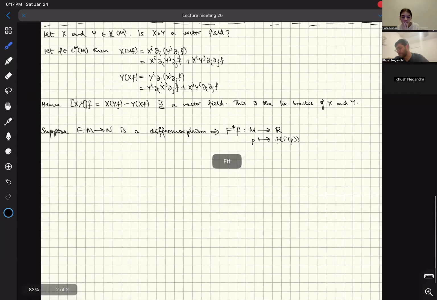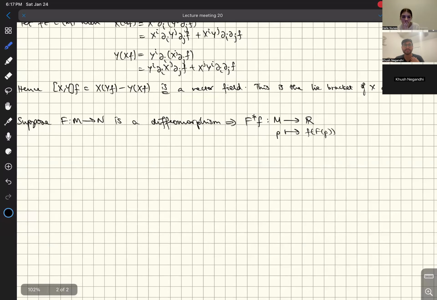And now the question is, can we do something similar with vector fields? Is there something similar that we can do with vector fields? And the answer is yes.